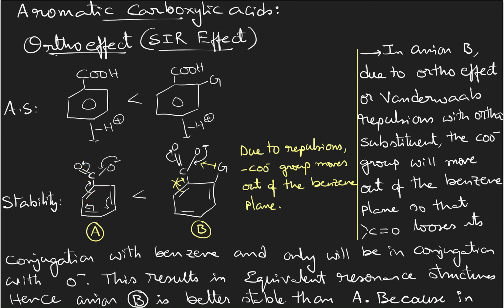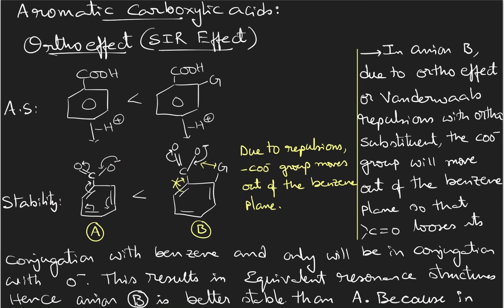That means the C double bond O is in conjugation with both O minus and the benzene pi bonds. So the net delocalization of this negative charge is not 100%. Maybe higher, maybe 70-80%, but the remaining 20-30% will be from the benzene ring. So this delocalization from the benzene ring will form non-equivalent resonance structures.